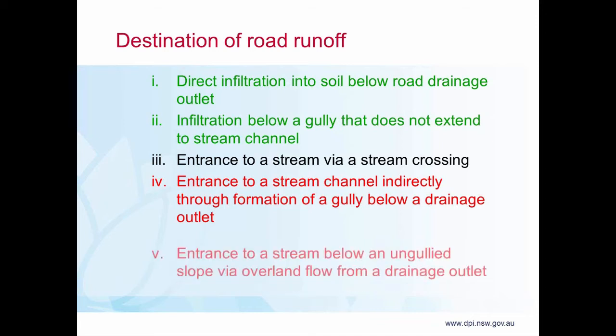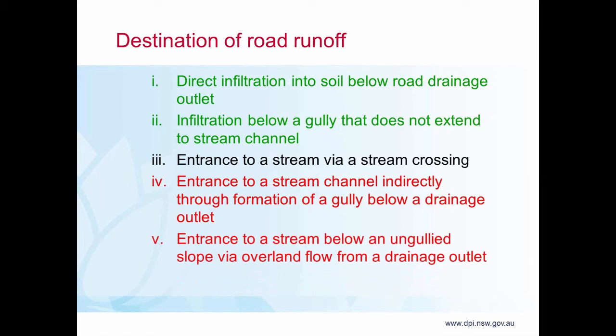The fifth way that road runoff can enter a stream is below an ungullied slope, via overland flow from a drainage outlet. Again, not the best outcome. So I'm going to run you through some photographs of these different destinations of road runoff and then talk about how we may manage those different outcomes.